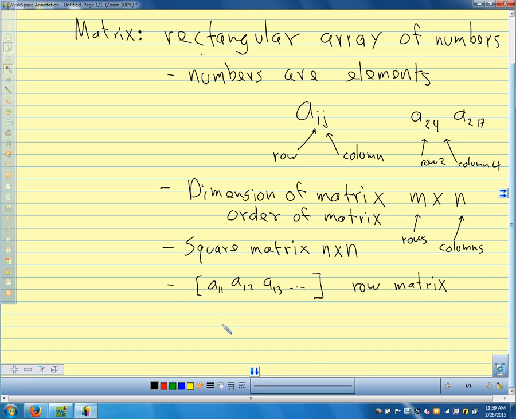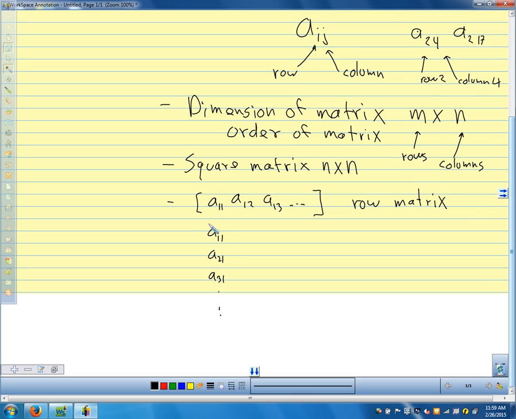And if we go the other way, A11, A21, A31, we call that a column matrix. We'll deal more with specific types of matrices later when we start talking about matrix operations.